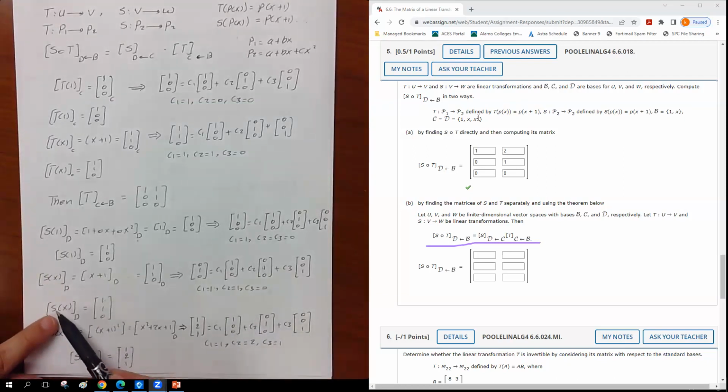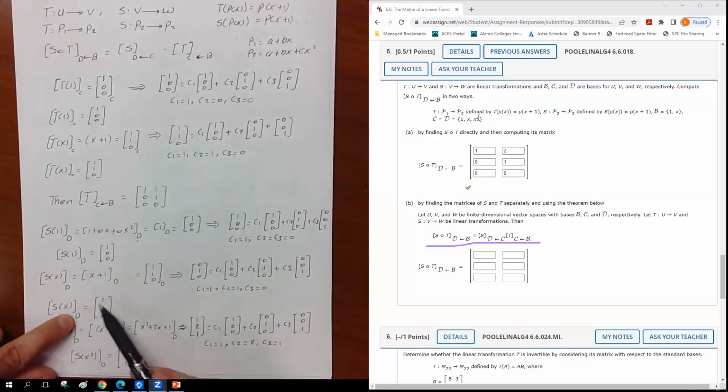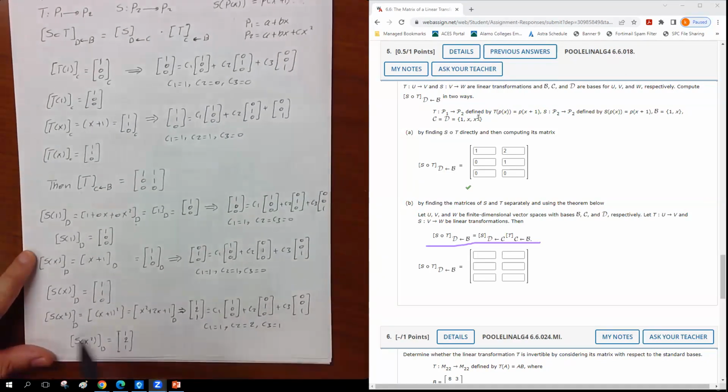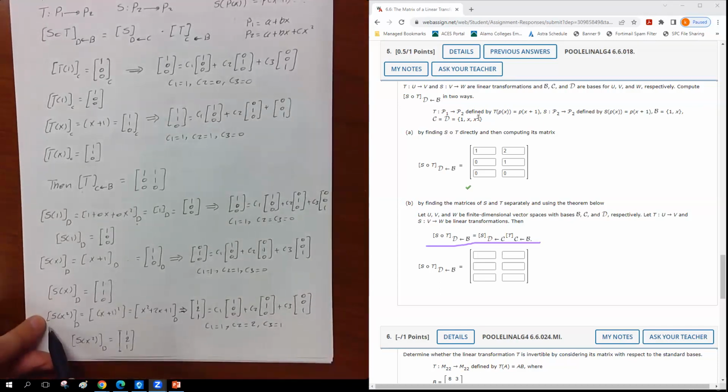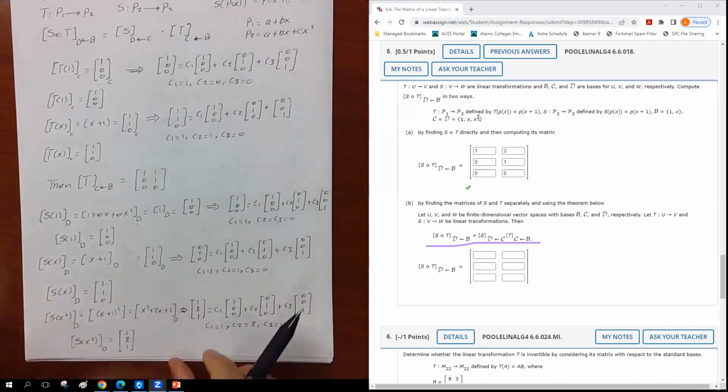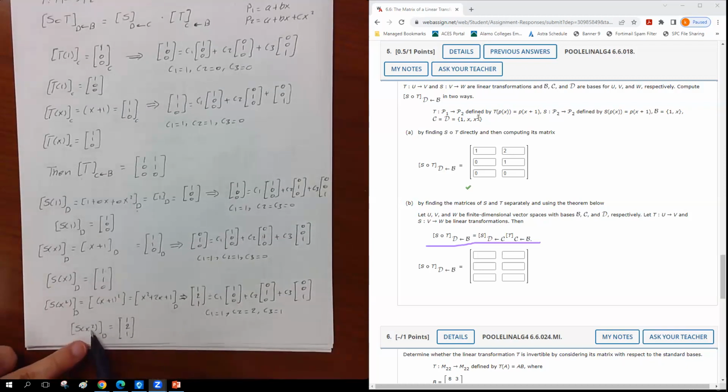So S of X with respect to the base D is going to be 1, 1, 0. For S with X squared, you get the same thing: C1 equal 1, C2 equal 2, and C3 equal 1. So for S of X squared, it's going to be 1, 2, and 1.